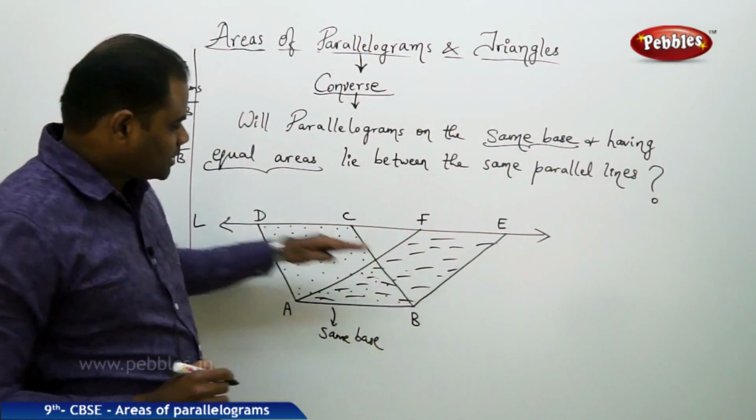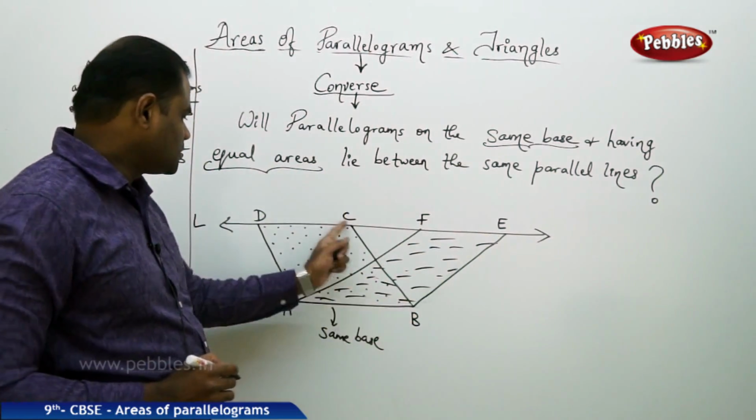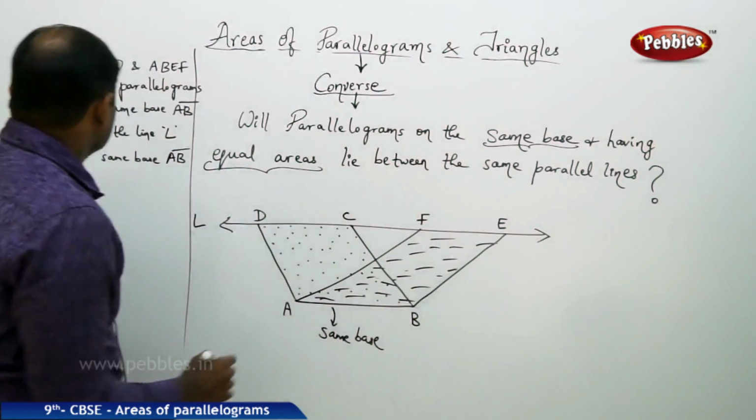So between the same base and the line, there are two parallelograms ABCD and ABEF which are equal.